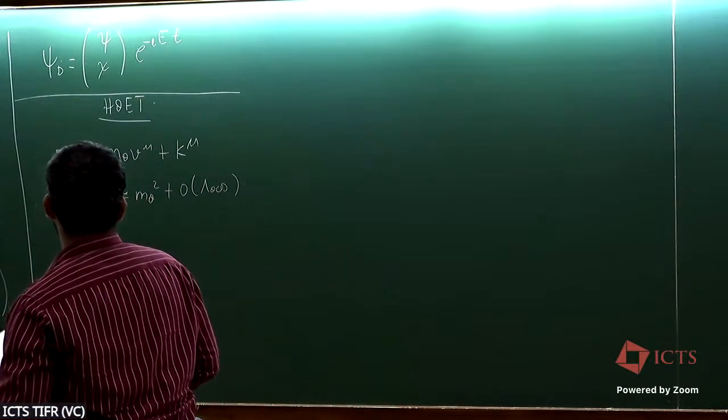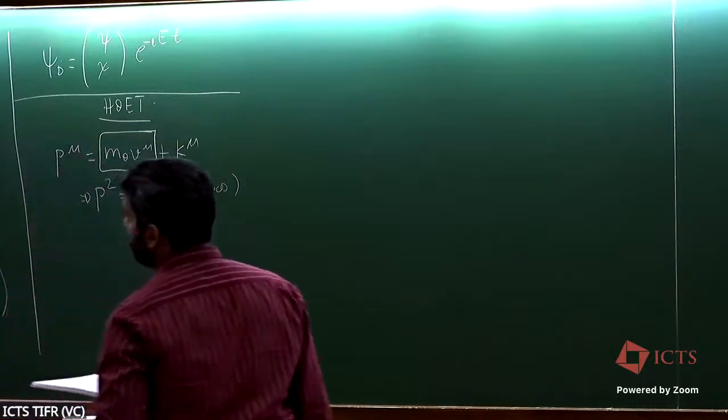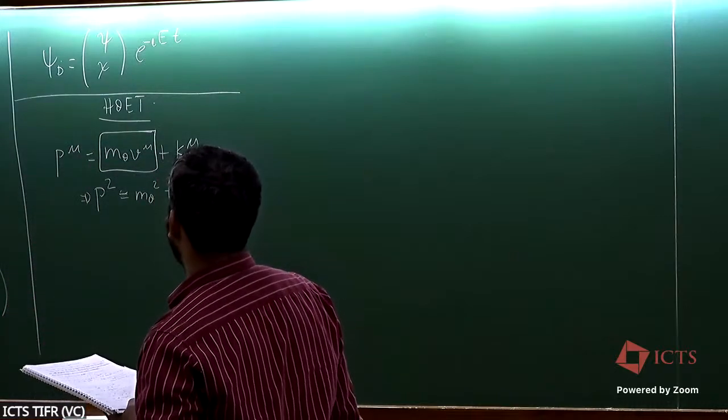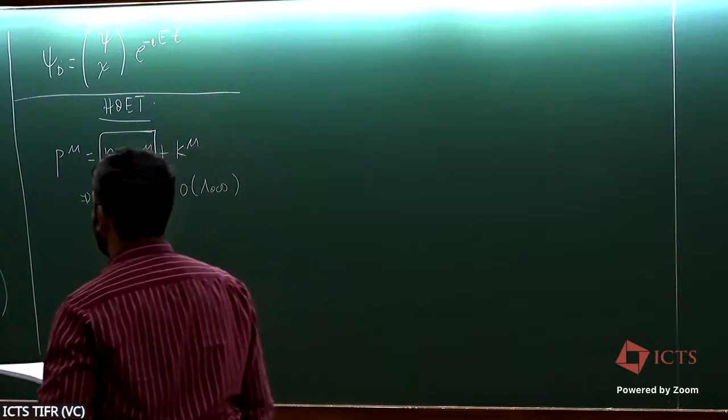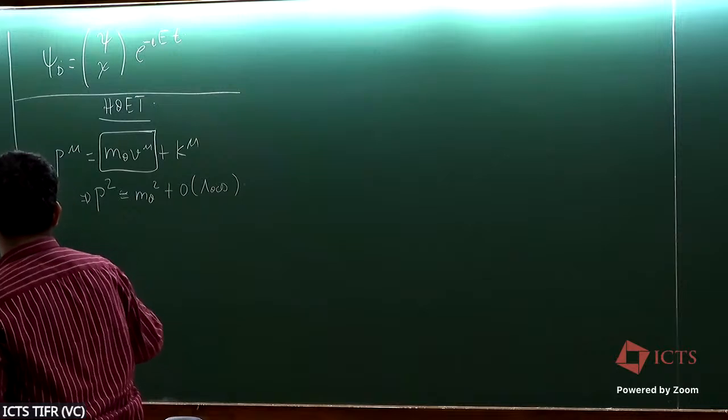So again my goal is to extract this part from the Dirac field and write everything in terms of fluctuations around the on-shell condition of the heavy quark.